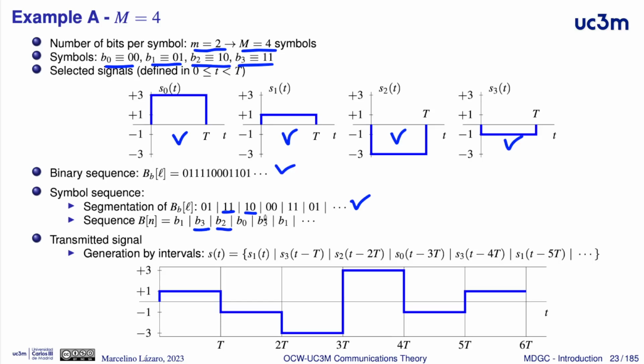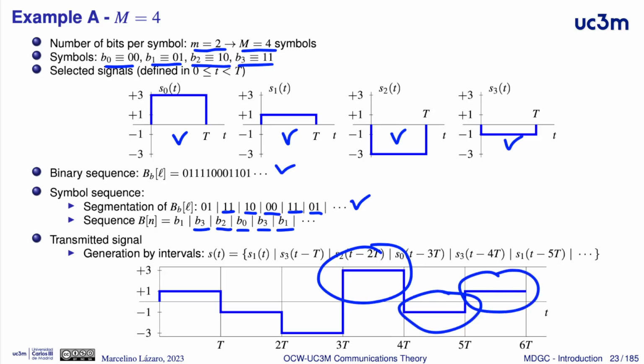The next 3 symbols are 00, 11, and 01, which are respectively B0, B3, and B1, and therefore in the last 3 intervals of this example we have S0, S3, and S1 respectively in every symbol interval, because we have B0, B3, and B1 as the symbols associated to these intervals.